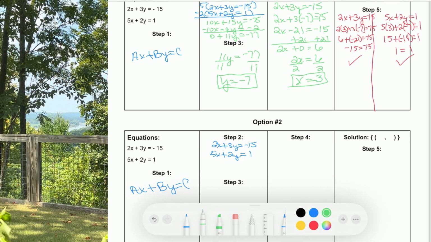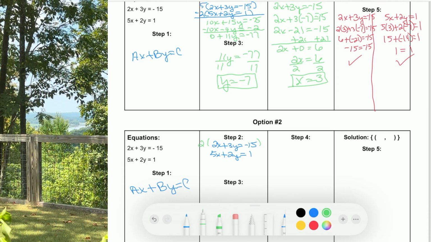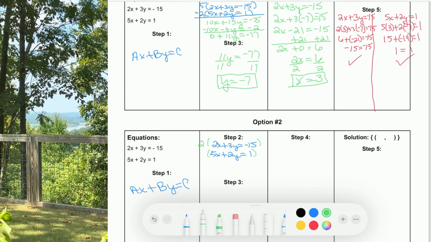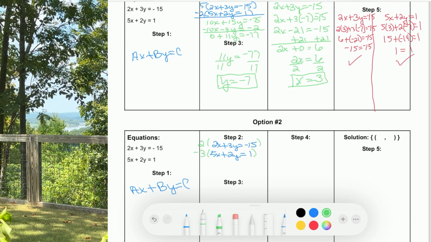I'm going to multiply by 2 on the top because 3 and 2 are factors of 6. So I'm going to multiply this 3y by a 2. My second equation, I'm going to multiply it by a -3 because I need that to become a -6, a 6 with an opposite sign.